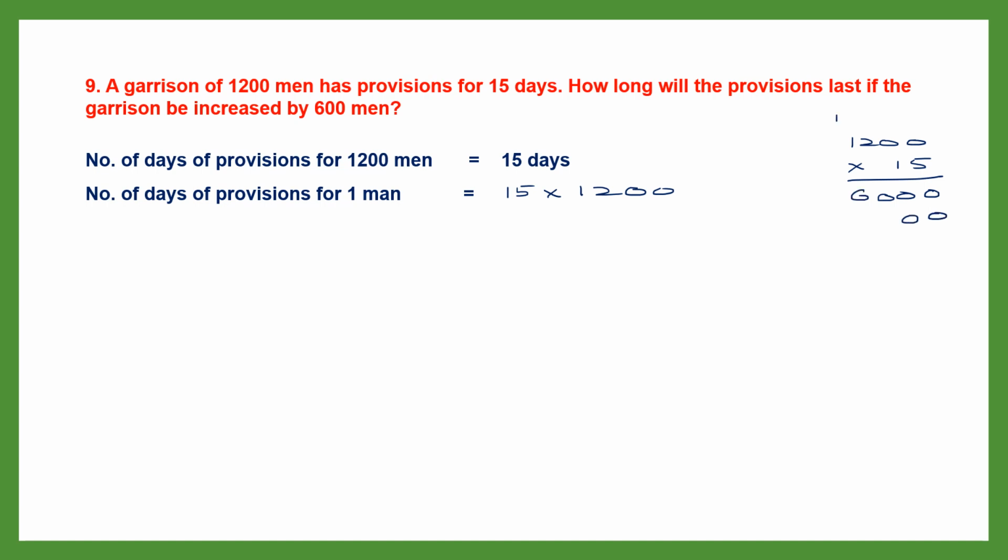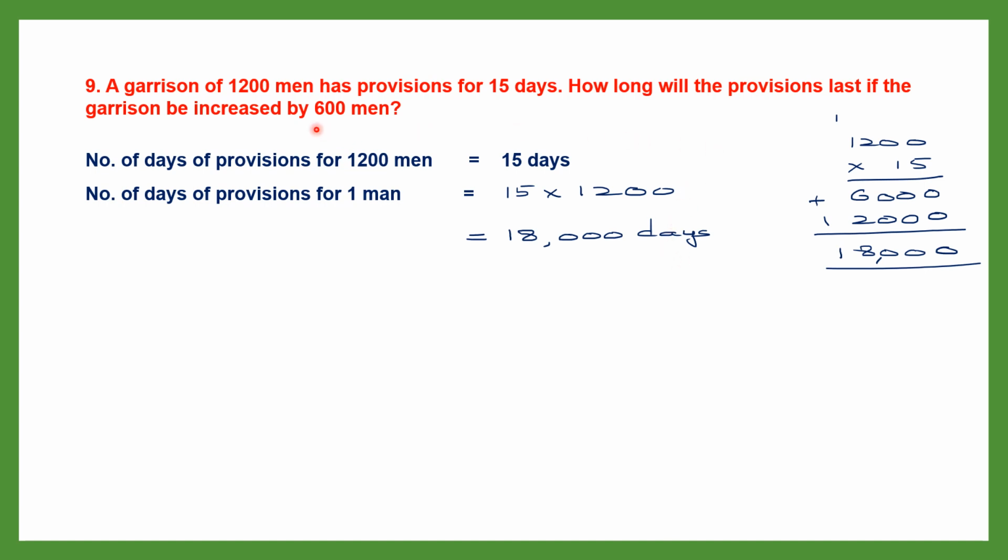Second step, 0, 0, 2, 1. Add it up, 0, and then we have 6 plus 2 is 8, and here 1, 18,000. So we have 18,000. That means if one man is there alone, he can keep it for 18,000 days. Whereas if there are 1,200 men, they can use it up in 15 days, it will get over. But if a man is all by himself, he can keep it for so many days.